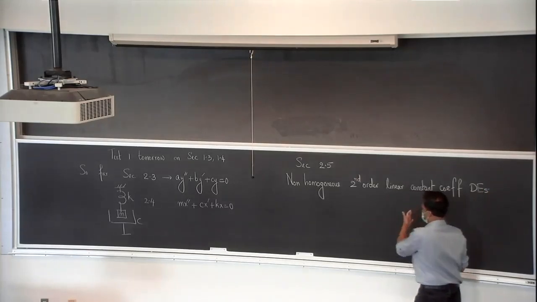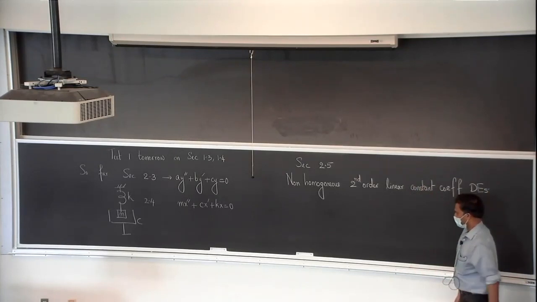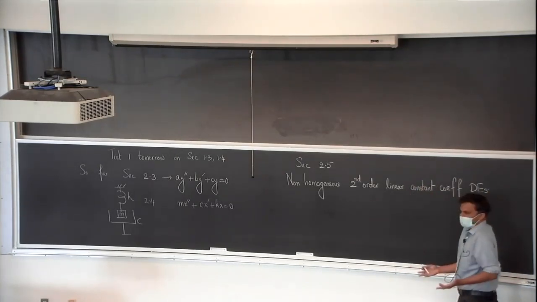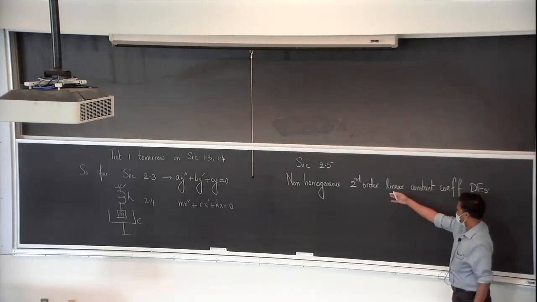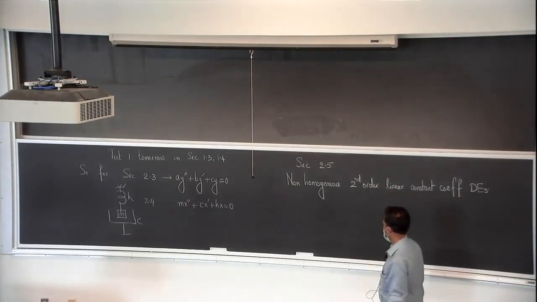Some of these things cannot be relaxed in general because if you make it non-linear, it just gets too wild. There is no general way to solve non-linear second order non-homogeneous equations. You just have to do it on a case-by-case basis.